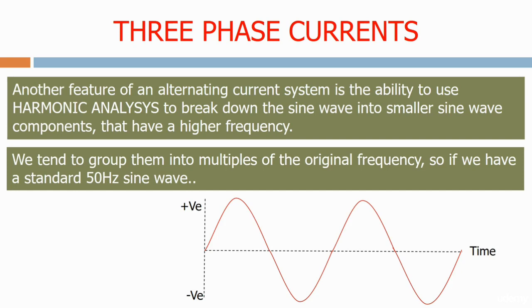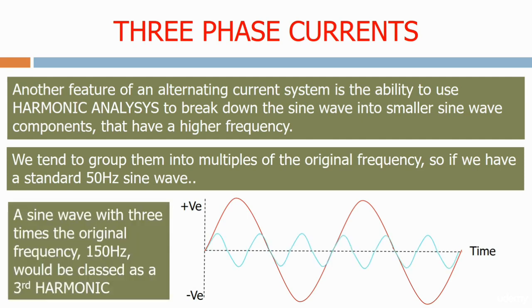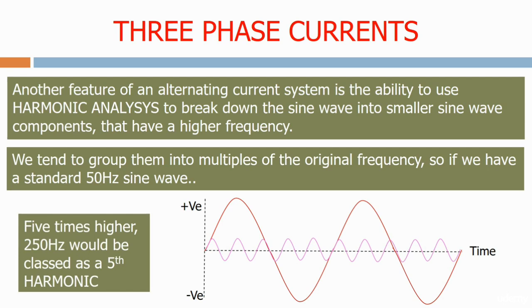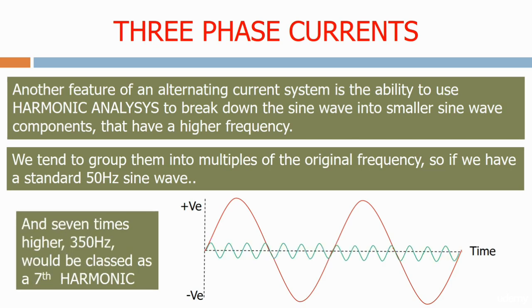So if we have a standard 50 Hz sine wave, a sine wave with 3 times the original frequency, 150 Hz, would be classed as a third harmonic. 5 times higher, 250 Hz, would be classed as a fifth harmonic. And 7 times higher, 350 Hz, would be classed as a seventh harmonic.